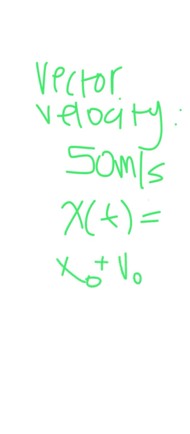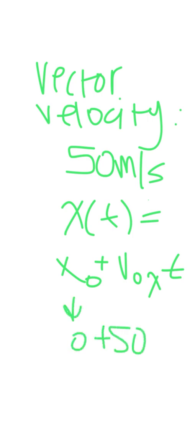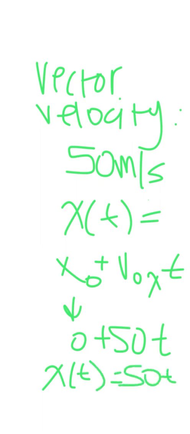Now they're asking us to find x of t. This is also very easy because x of t is x initial plus v0x times t. X initial, we know from our initial conditions, is 0, plus v0x, which is 50, times t. So x of t equals 50t.